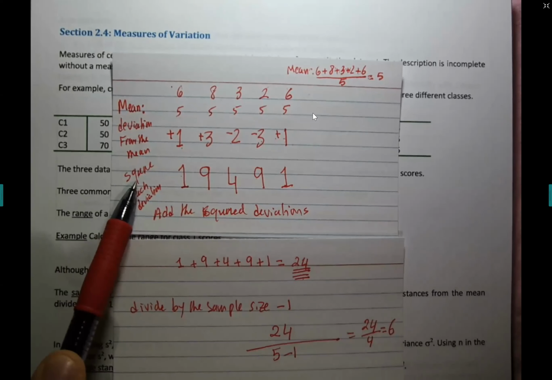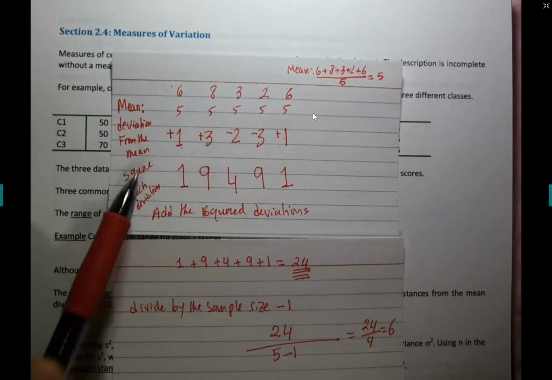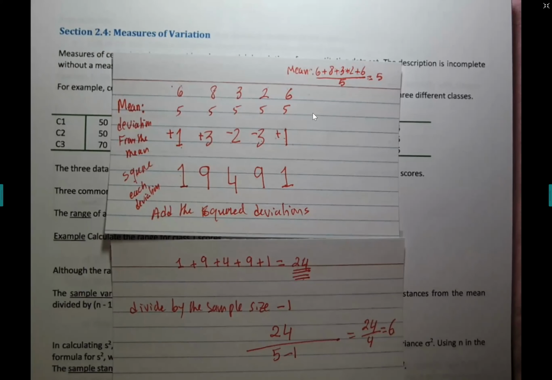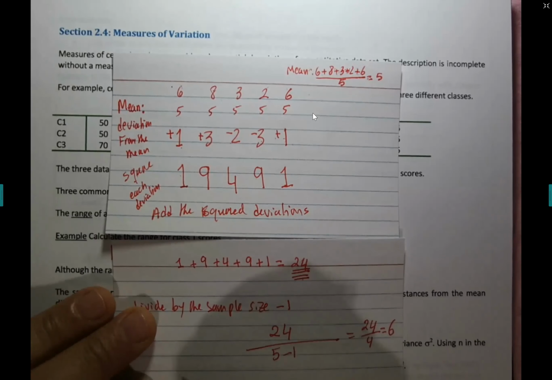So now we have to undo the action. How do you undo a square? What kind of mathematical action do you do? You do what we call the square root. Square root of 6. So your standard deviation is the square root of 6, and let me show you how to do that.